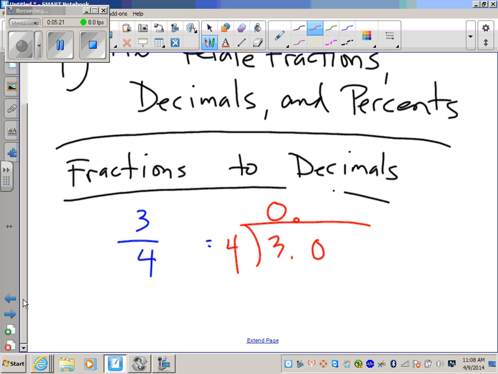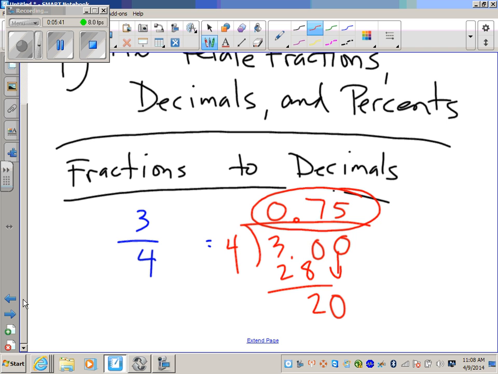No. There's the 0 I'm looking for in my ones place. 4 into 30 is 7. And then, oh, I got 2 left. Is it 0.7 remainder 2? No, Carlos, I got to add a 0. And then 4 into 20? 5. So 0.75 would be the decimal.